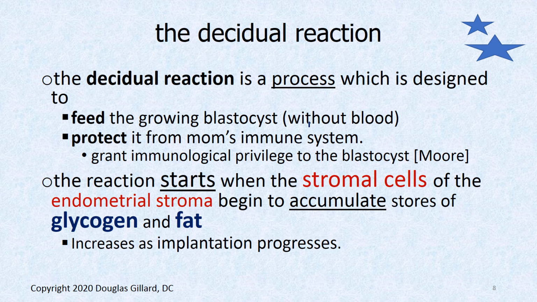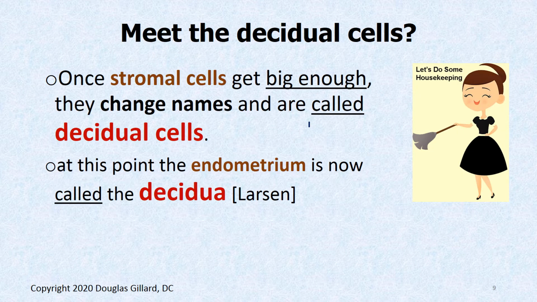So the reaction starts when the stromal cells of the endometrium start accumulating glycogen and fat. So they get really, really big. And once the stromal cells get so big, a name change occurs.